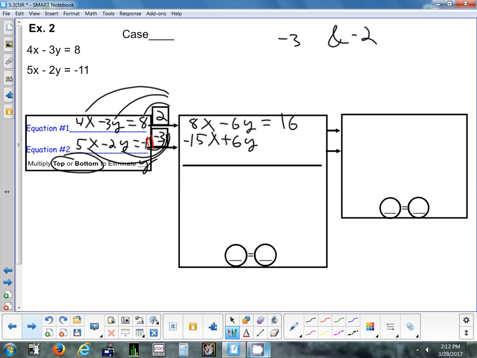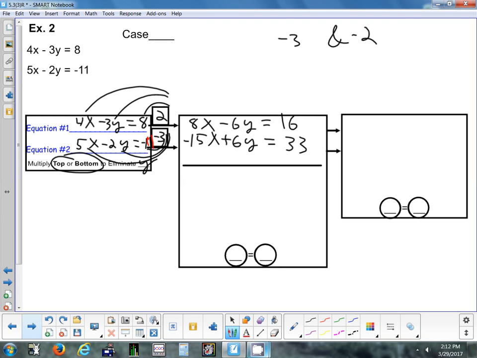Kaylee, what's negative 3 times negative 2? 6. That's the plus 6y we already knew we wanted to get. And the last one is negative 3 times negative 11. Vanessa? 33.